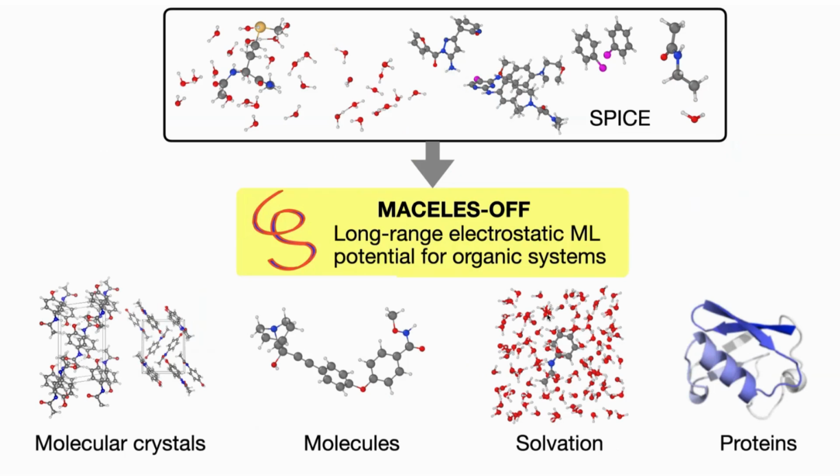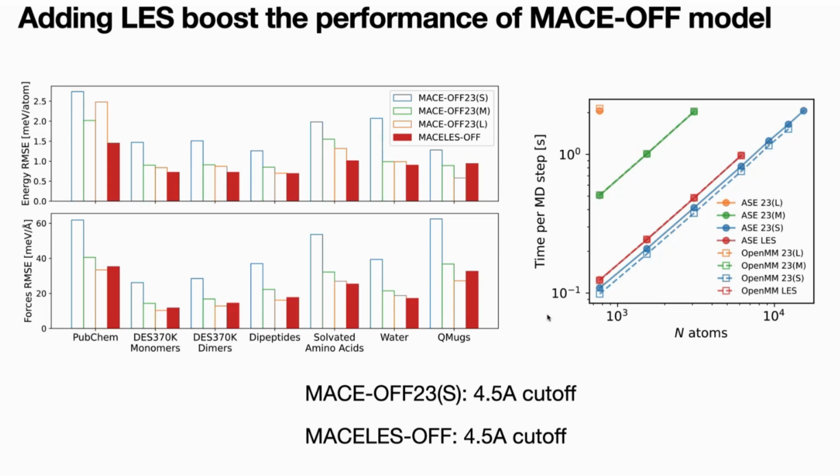So just to test what LESS does at scale, we also fitted what we call MACE-LESS-OFF, with the exact same training set and the same MACE backbone. MACE-OFF has different settings like small, medium, and large.